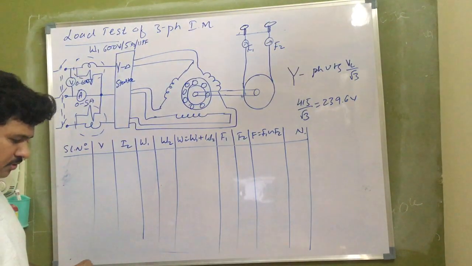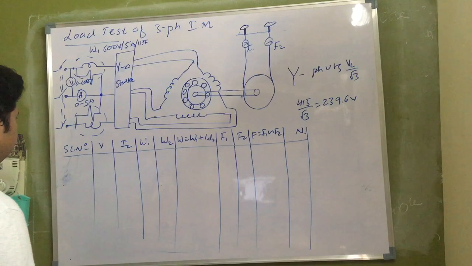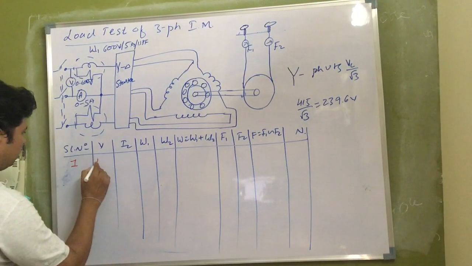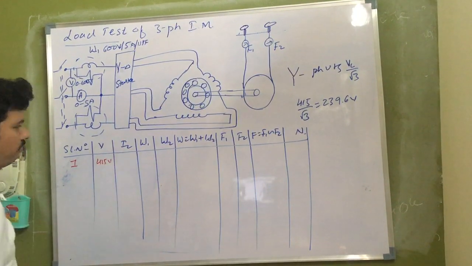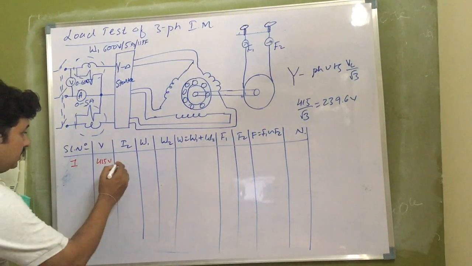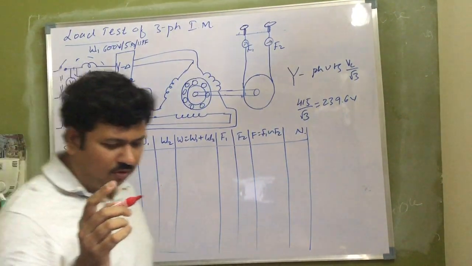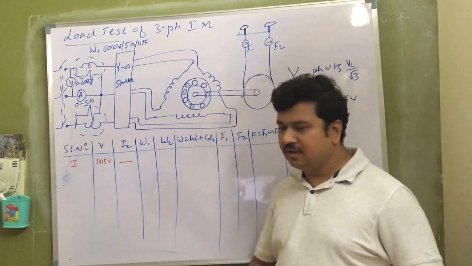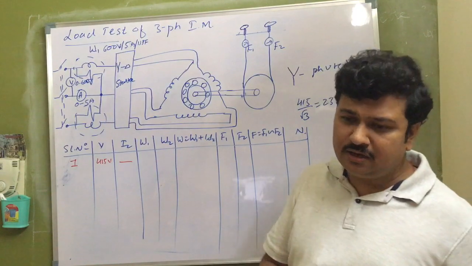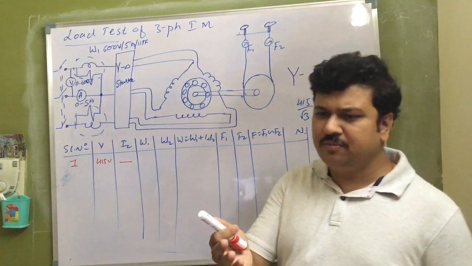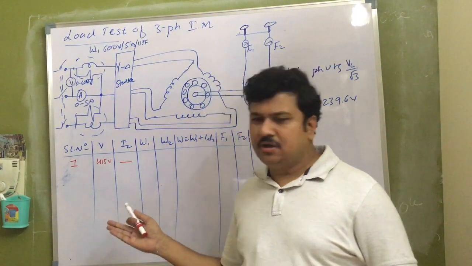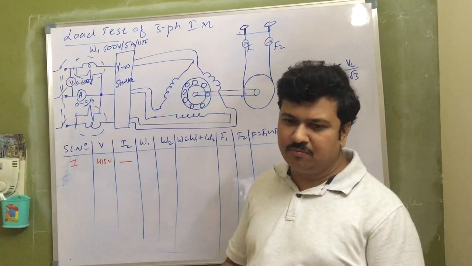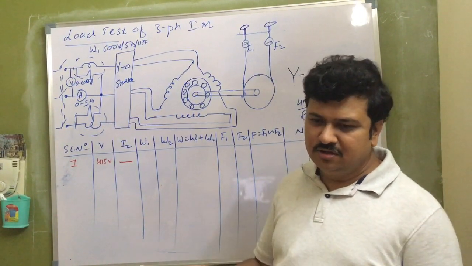Okay, so serial number 1, voltage is, let us assume, 450 volts. Now what will be the IL? What mistake generally students will do is, we don't think while taking the readings. We will be hurrying in. Sometimes it will be the mistake from faculty also, that we will also be in a hurry because of the rush in the lab, number of batches, groups.